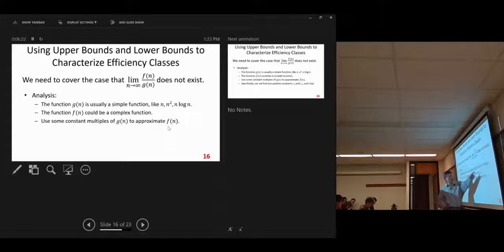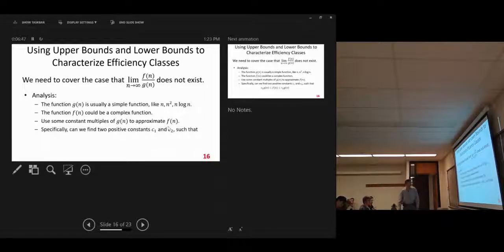A constant C times n squared, we have some idea, right? But for a complex function, we don't have an idea. So that's why we want to use a constant multiple of a simpler function g of n to estimate a complex function f of n. Specifically, can we find two positive constants C1, C2 such that we have this inequality?